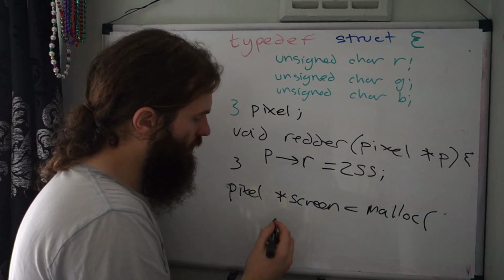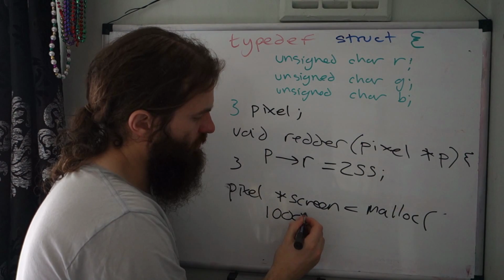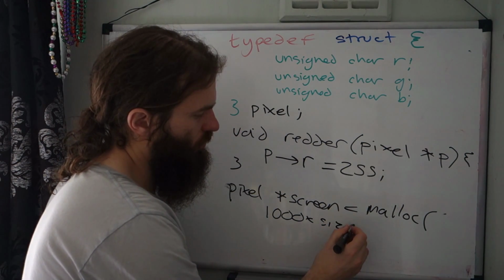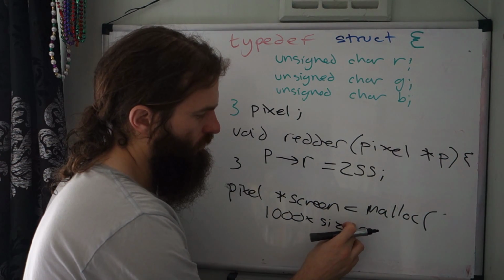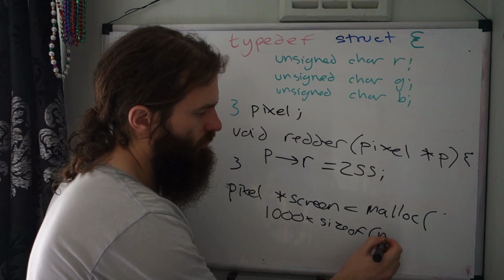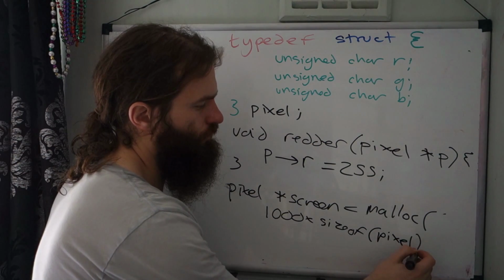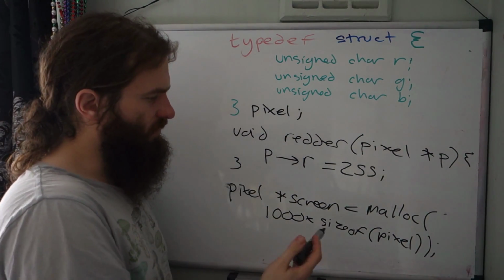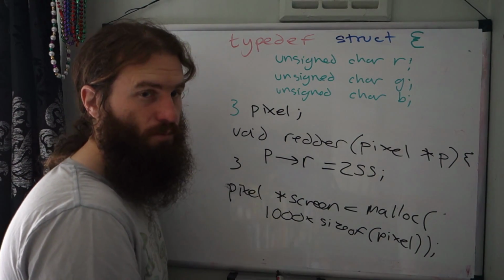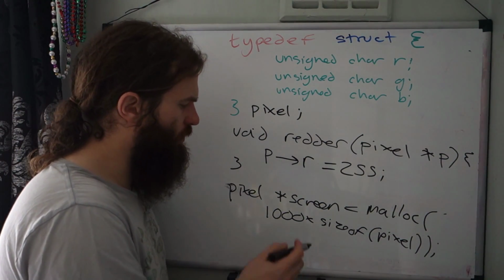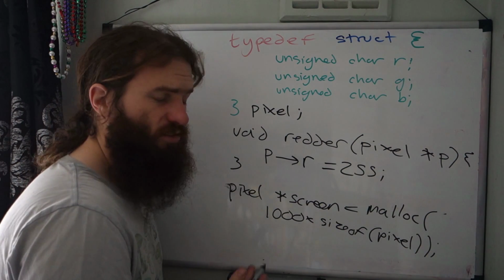We'll just put this on a new line. 1,000 times size of pixel. And then that's going to declare memory for 1,000 pixels. And we've got a pointer to them. This is just like any other array.